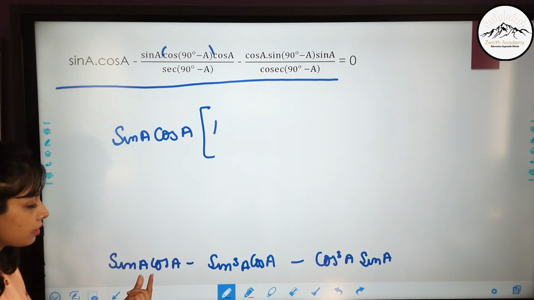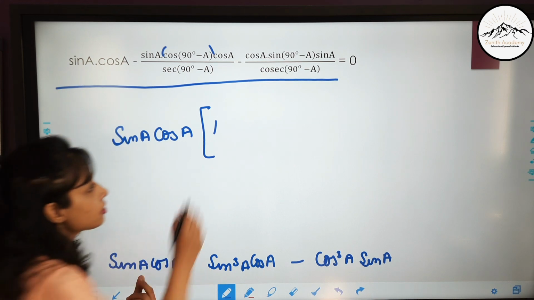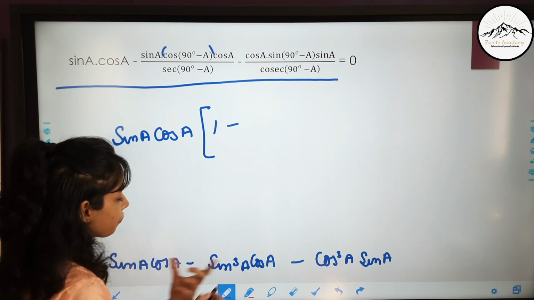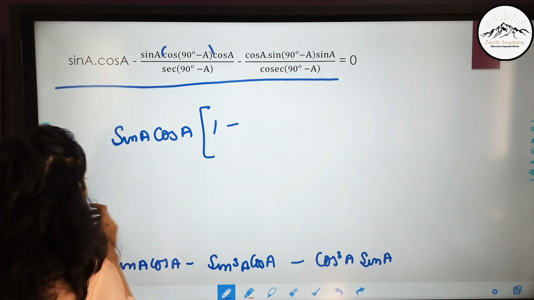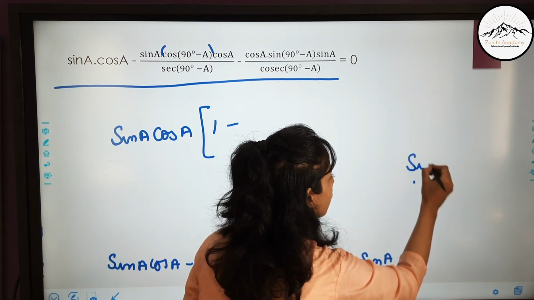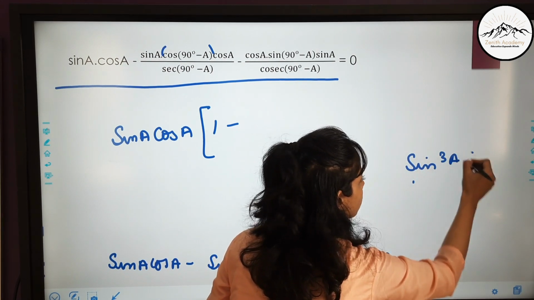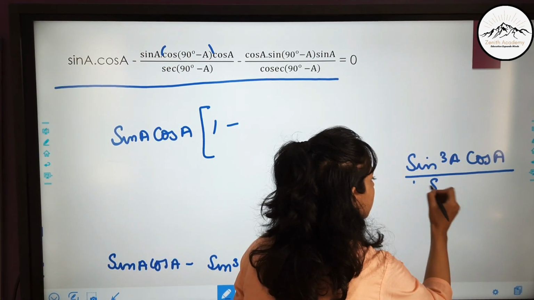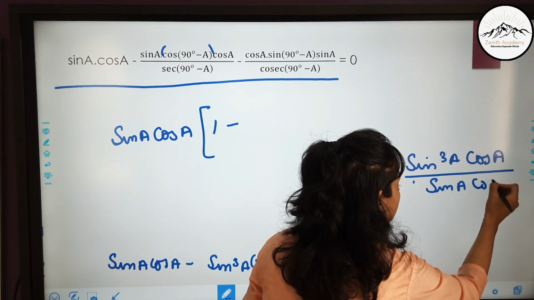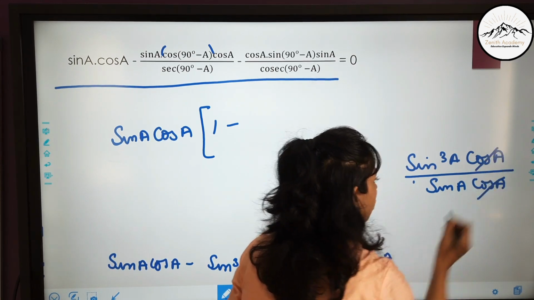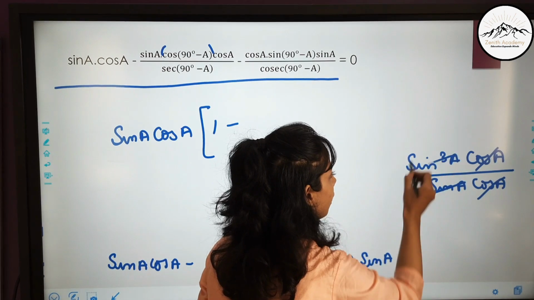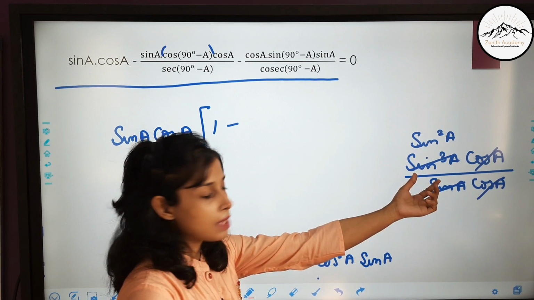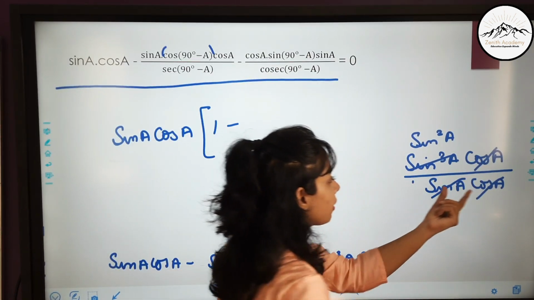So what it will be? 1. It is taken common, so this is 1 minus, this is sin, here what will remain? For sin A cos A, if we divide, see, I show it to you here. Sin cube A cos A, when taken common with sin A cos A, so we divide it. So what will remain? Cos A gets cancelled. Sin A, and this will here remain sin square A, because it was 3 times sin and 1 sin A gets cancelled.